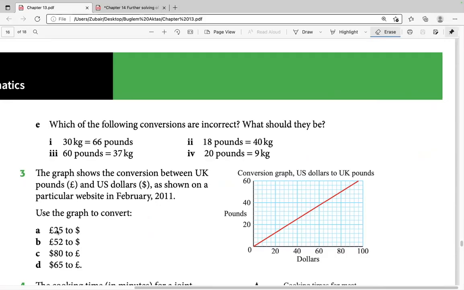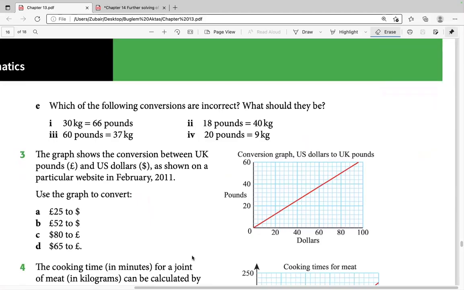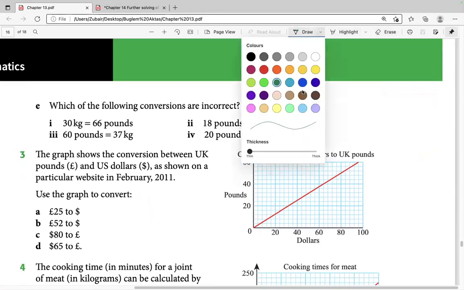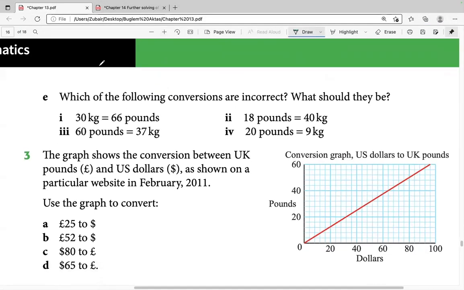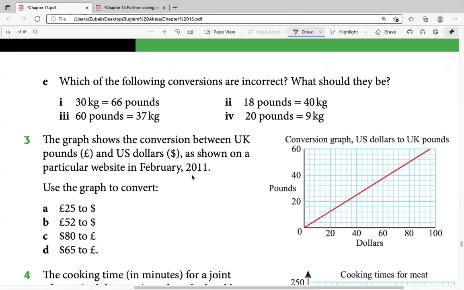Use the graph to convert 25 pounds to dollars. $16? 25 pounds to dollars. Dollars are actually more than 25.